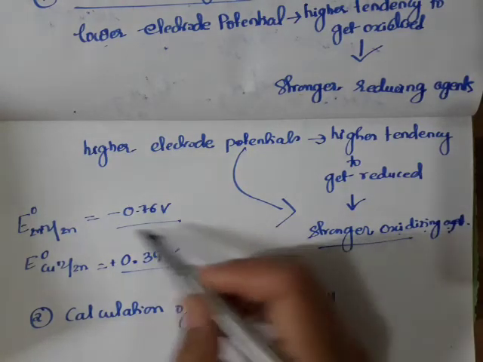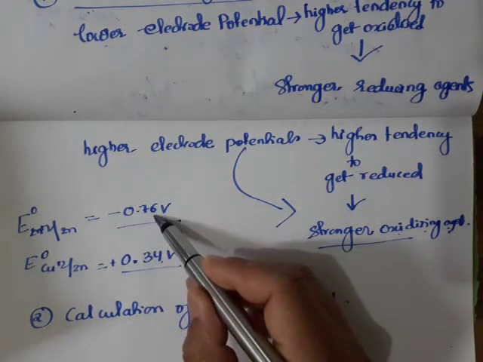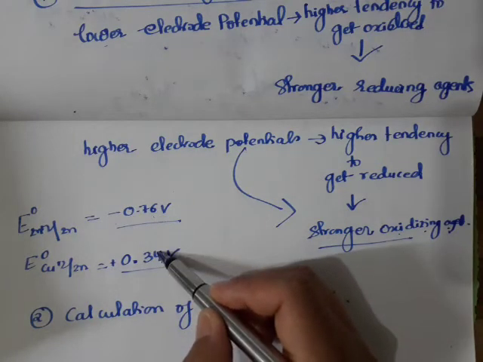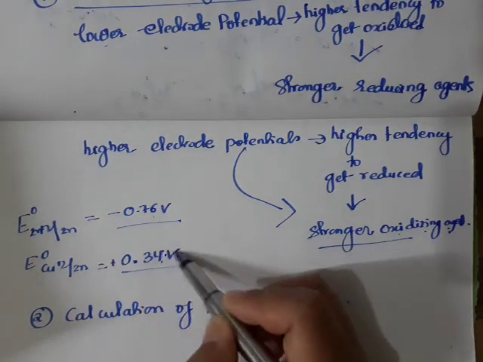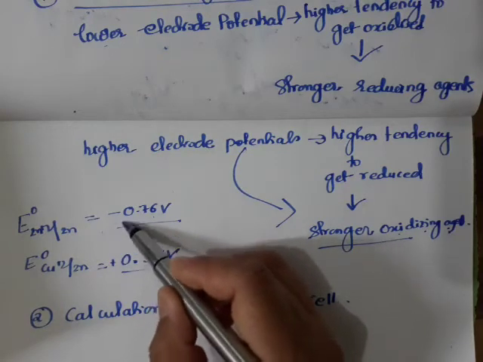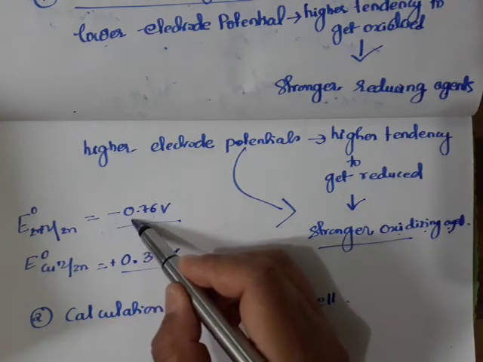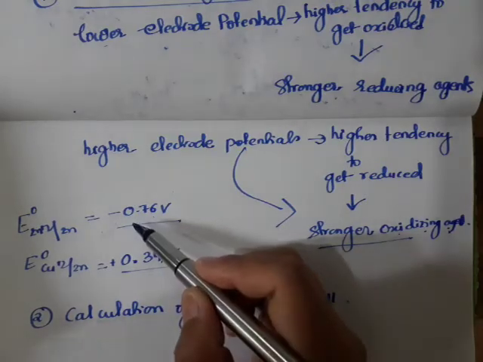Between the two, zinc has the lower value, minus 0.76, and copper has 0.34, so zinc will act as a stronger reducing agent.